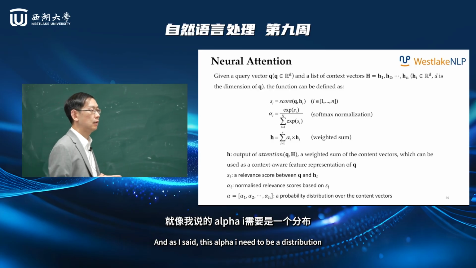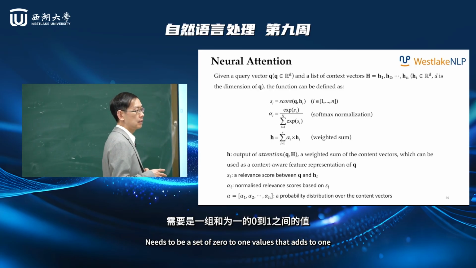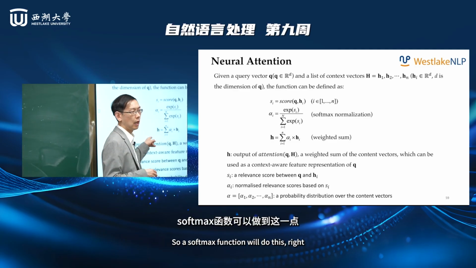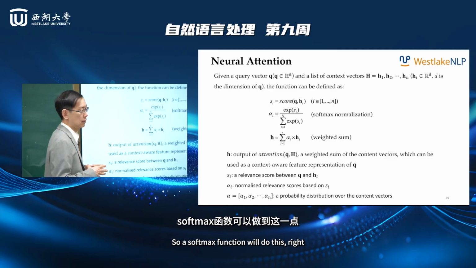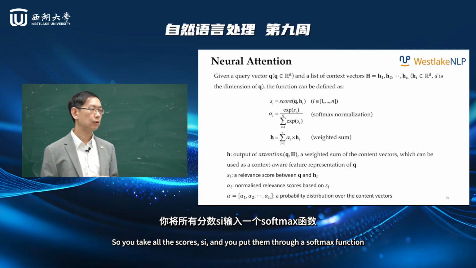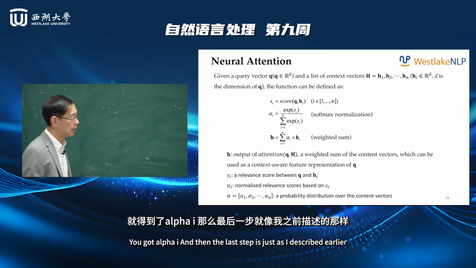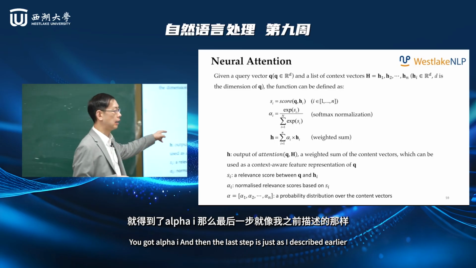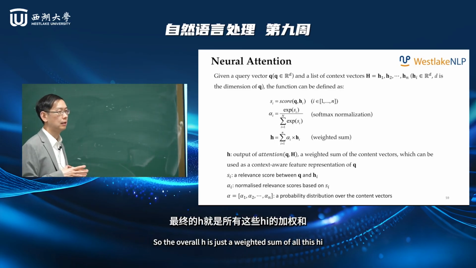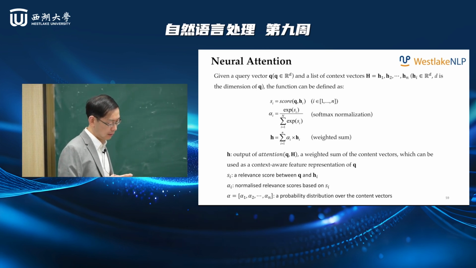As I said, alpha_i needs to be a distribution, a set of 0 to 1 values that add up to 1. A softmax function will do this. So you take all the scores s_i and put them through a softmax function, and you get alpha_i. And then the last step is just as I described earlier: the overall H is a weighted sum of all these h_i.